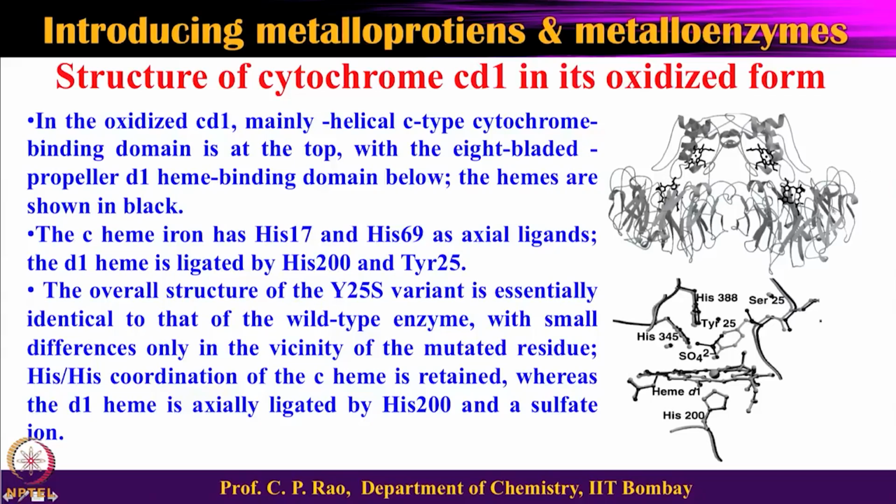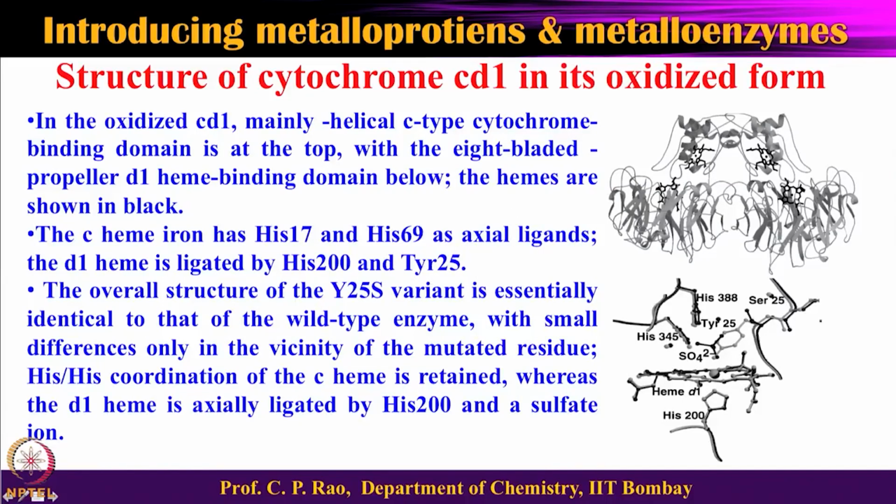Okay, and if you now look at the close proximity, how do you find which is cytochrome c type and which is d type? You look at the binding. The binding of histidine 17 and histidine 16 as axial ligands will qualify the cytochrome c, and the other will qualify as cytochrome d, which has histidine 200 and histidine 25.